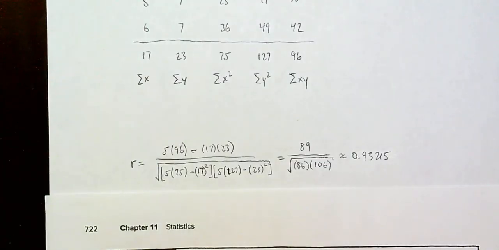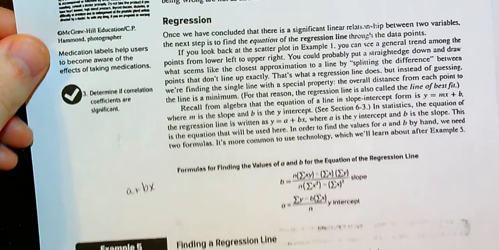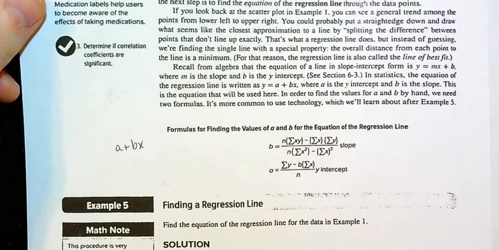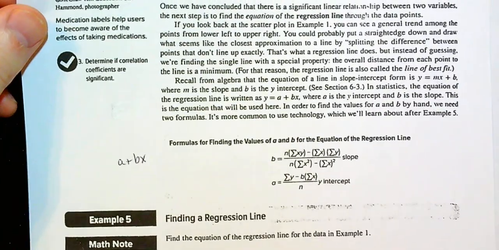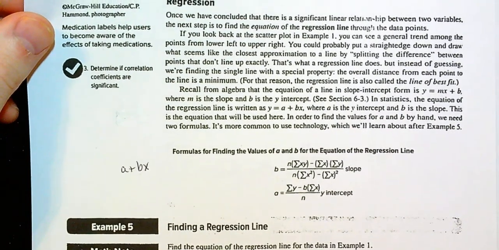So now that we know that these two quantities are indeed truly linearly related to each other, we can now find our A and B values that will make up the missing pieces, if you will, of our regression line or our line of best fit.